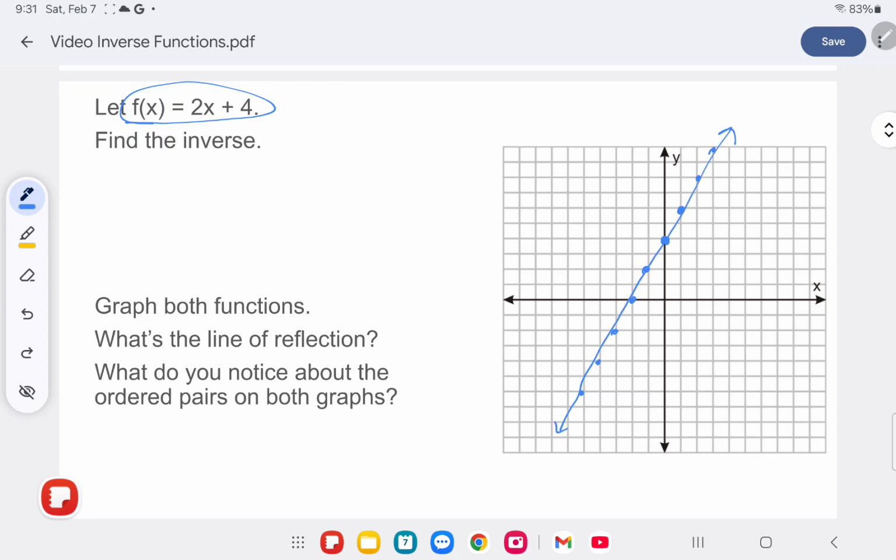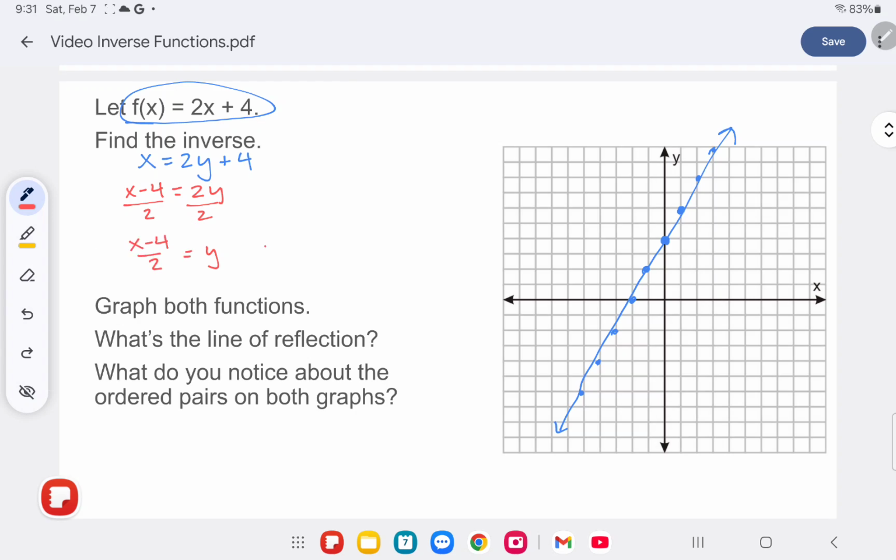All right, and then when we're finding the inverse, I'm going to flip-flop the x value and the y value and solve for the y value. So this time I'm subtracting 4 and dividing by 2 to isolate the y. So my y is x minus 4 over 2.